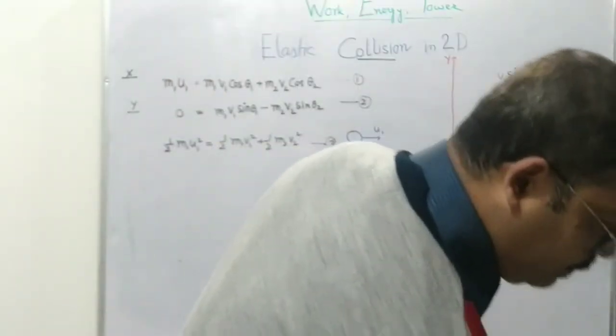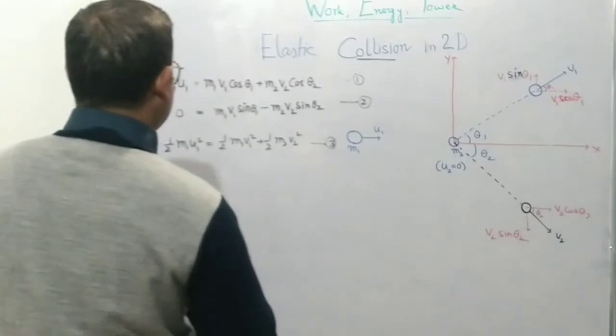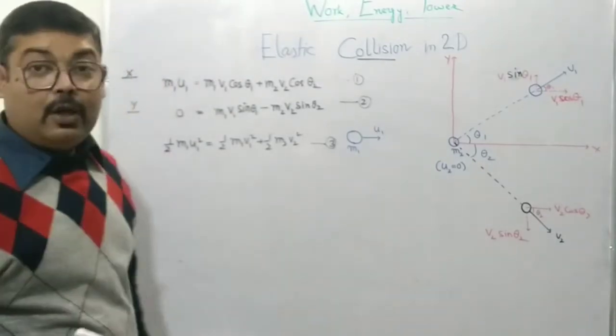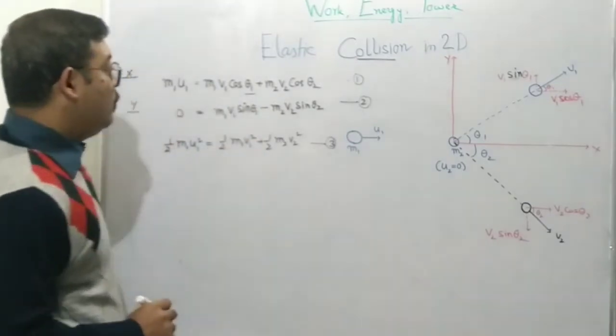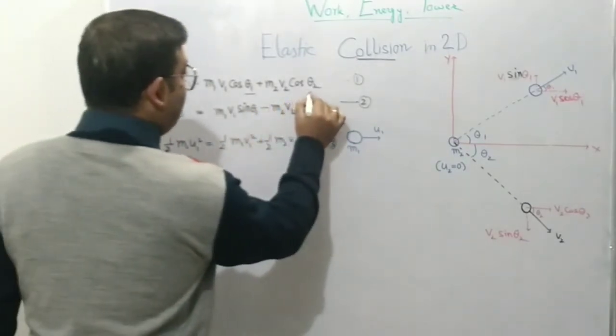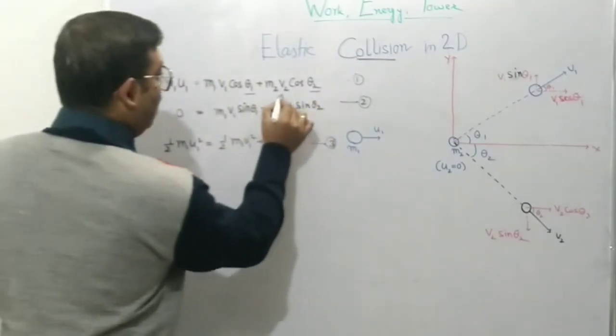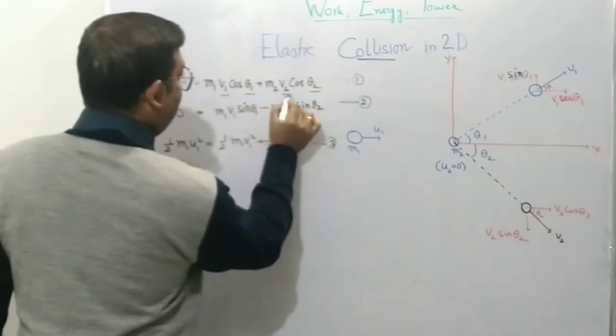Now we have three equations, and how many unknown variables do we have? We have theta 1 that we need to find, theta 2 that we need to find, and v1 and v2.